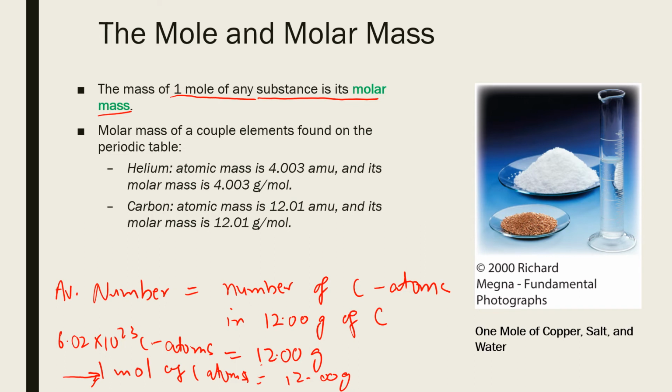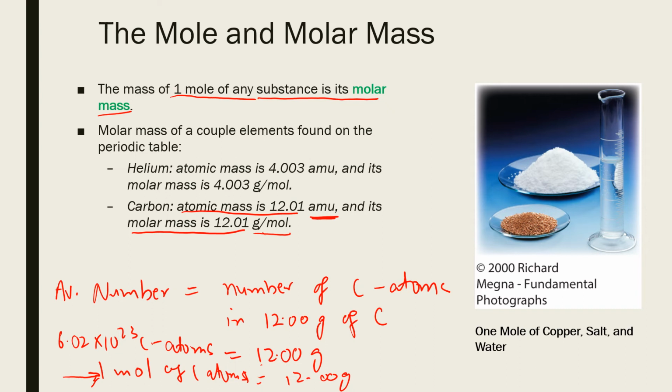If you compare the molar mass with the atomic mass in the periodic table, you'll see that the molar mass is exactly the same as the atomic mass. The only difference is that atomic mass is in units of AMU and molar mass has units of grams per mole. It is easy to find the molar mass of any substance or element as long as you have the periodic table.